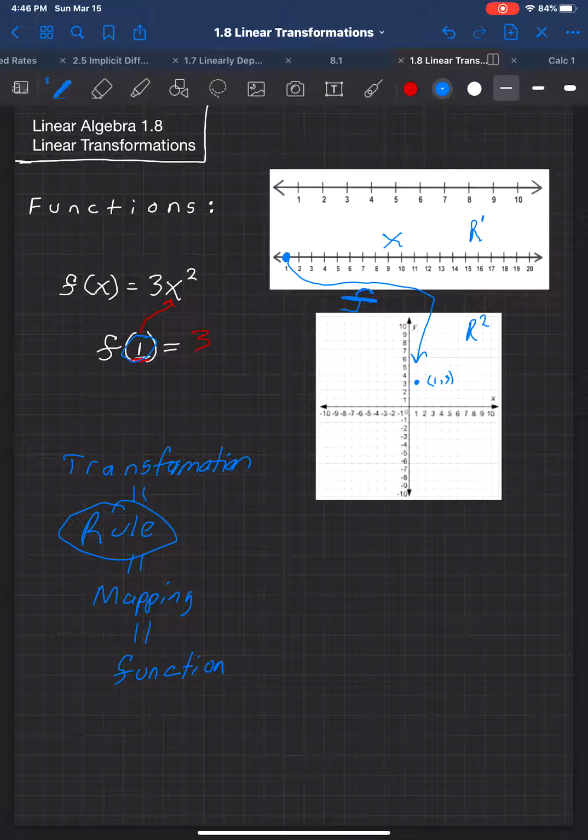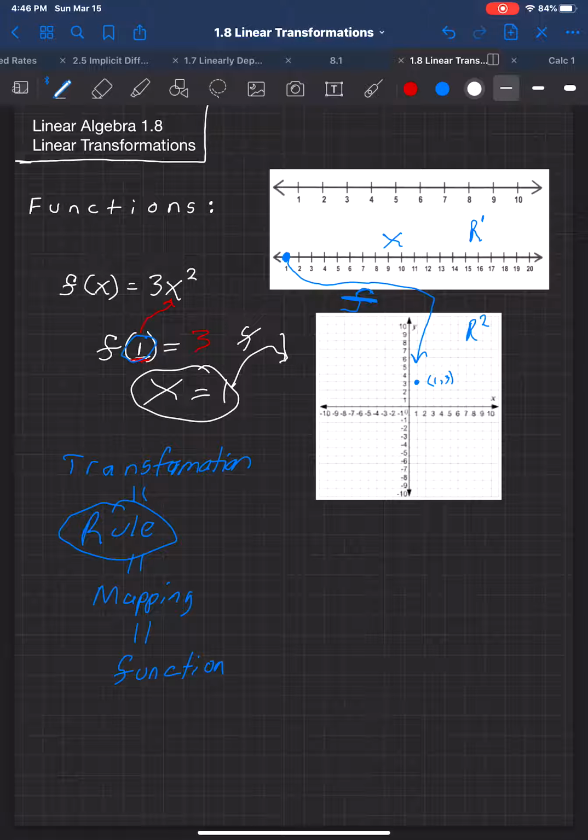So when you come along and choose x equals 1, that 1 undergoes some type of transformation that we label f. And what comes back out is a number, which we're going to say f of 1 equals 3.